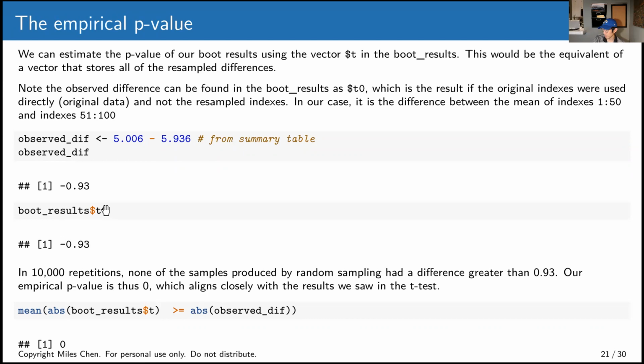You could also just call t0. Again, t0 is if you did no reshuffling, just passed the index 1 through 100, what kind of difference would you get? You would get a difference of 0.93. And so we asked, after 10,000 repetitions, did we ever get a value in boot_results$t that was greater than or equal to the absolute value of 0.93?